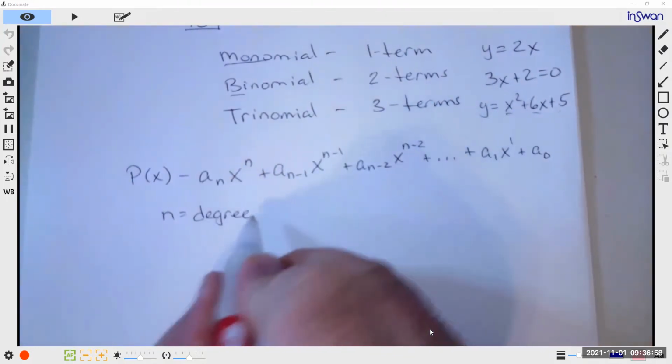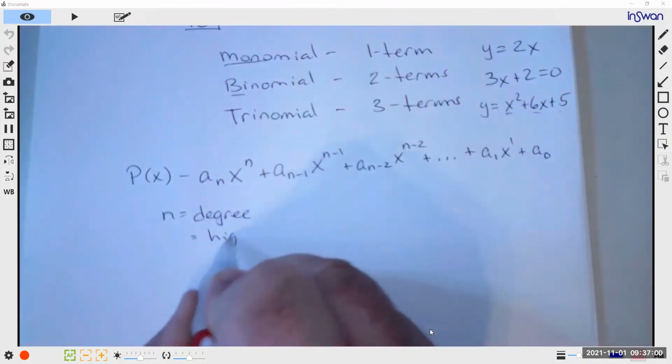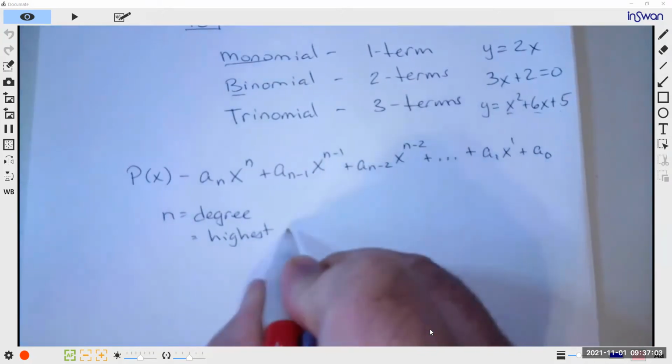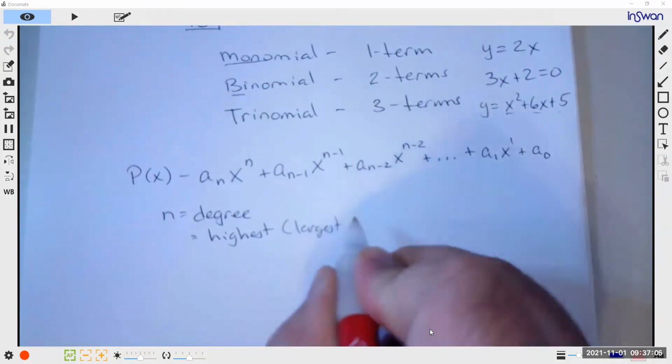It's the highest, or the largest, exponent.